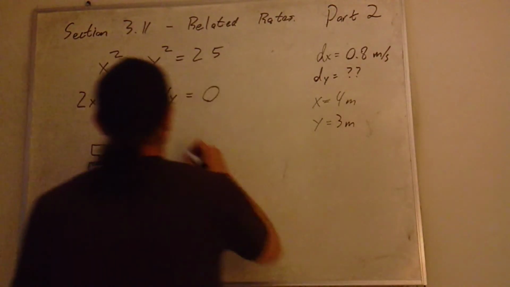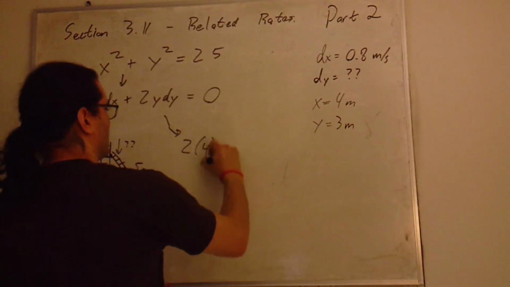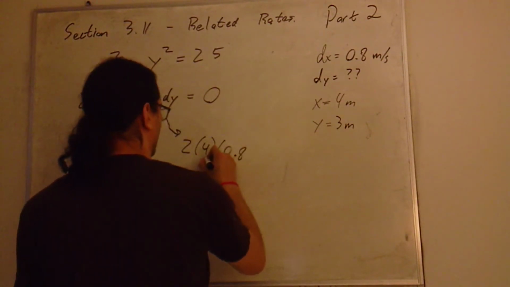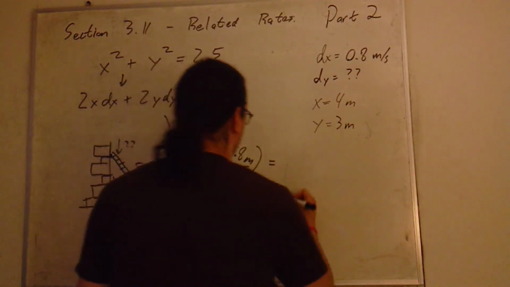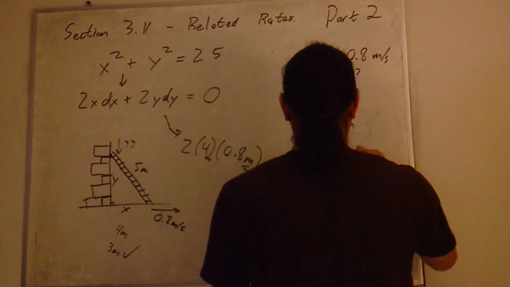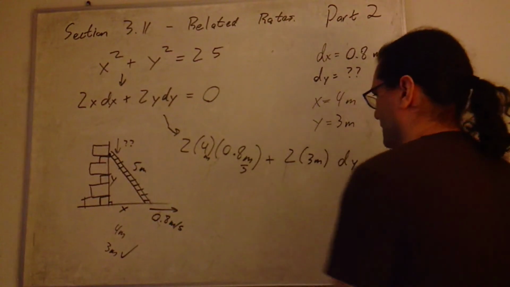And let's plug in some numbers. 2 times 4 meters times 0.8 meters per second, plus 2 times 3 meters times dy, equals 0.